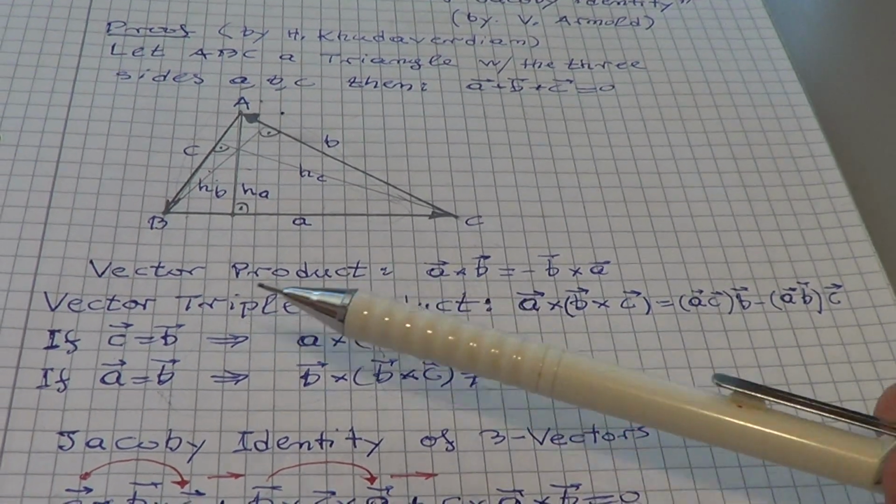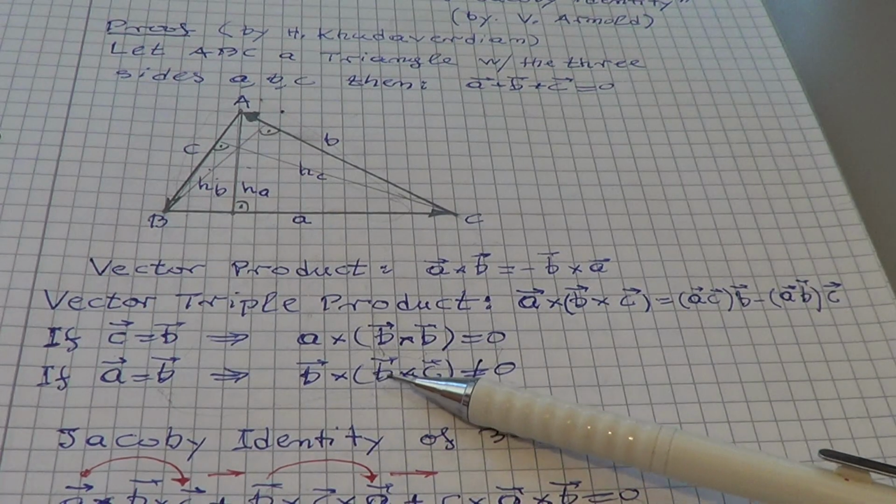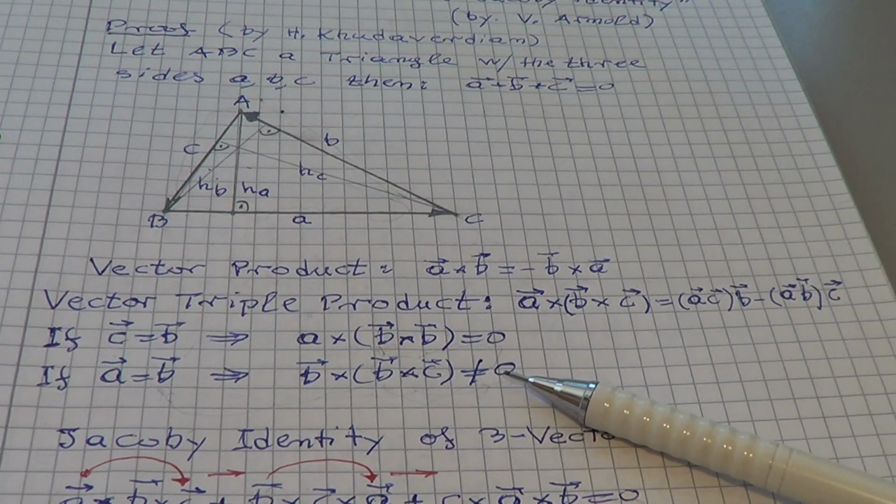But if we put A equal to B, then B cross B cross C is not equal to 0.